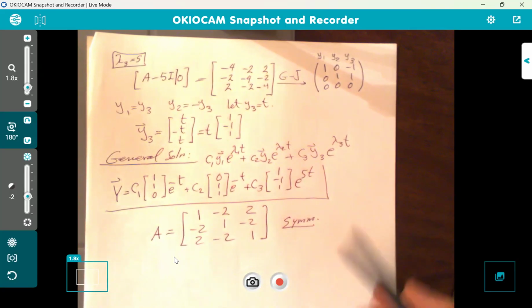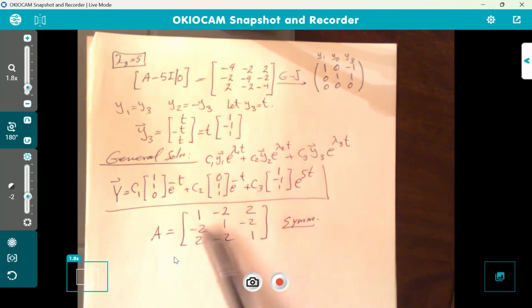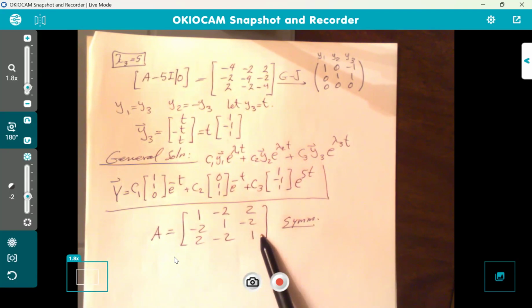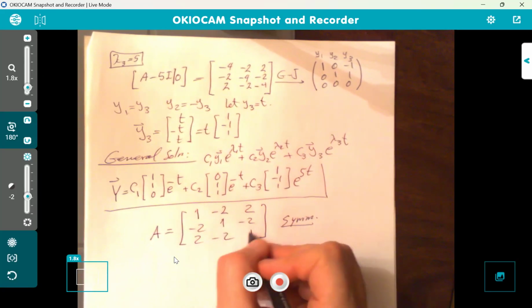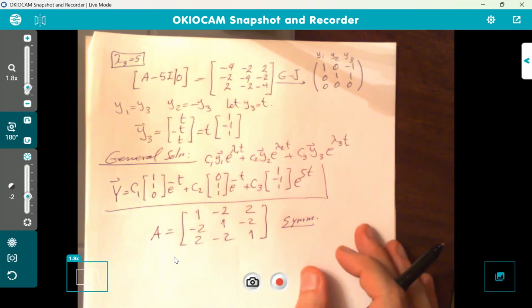So because A was symmetric, for symmetric matrices with real entries, we can always find n linearly independent eigenvectors. Okay, so as long as this is symmetric, this will always, in other words, have a solution.